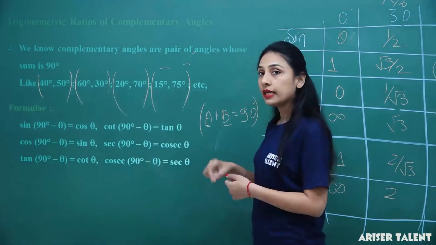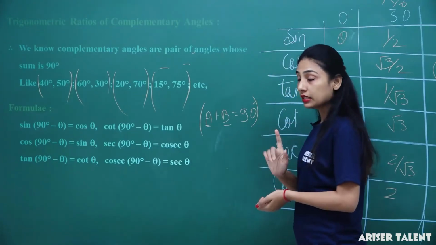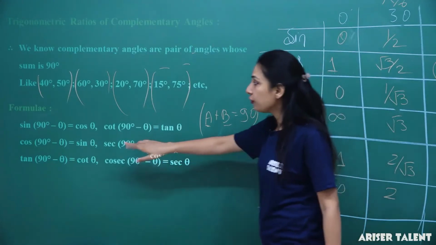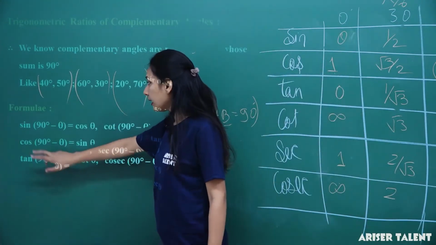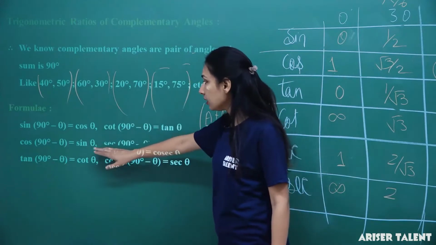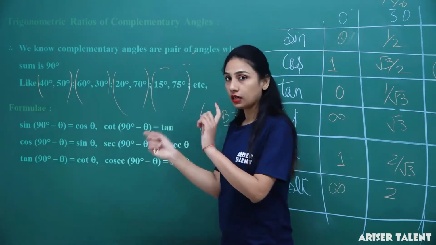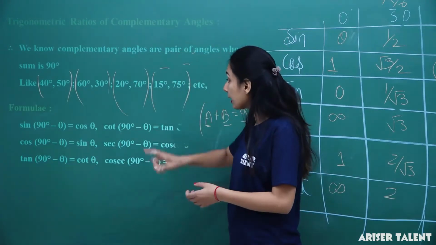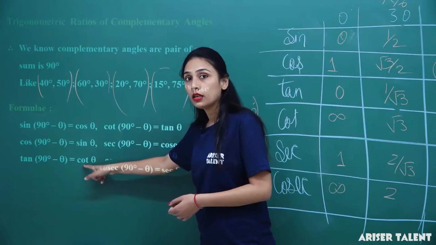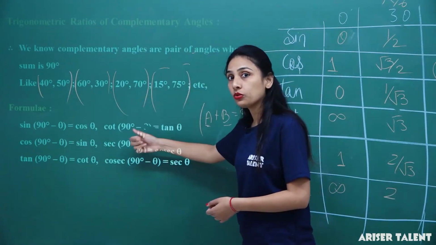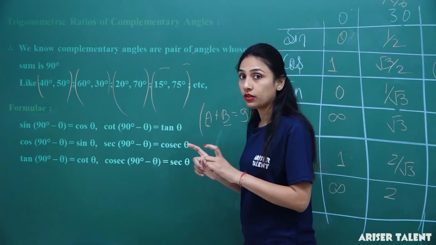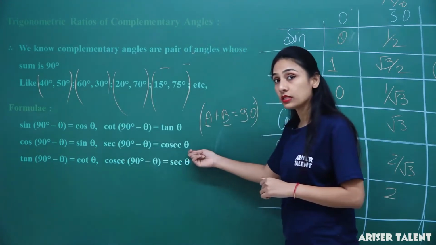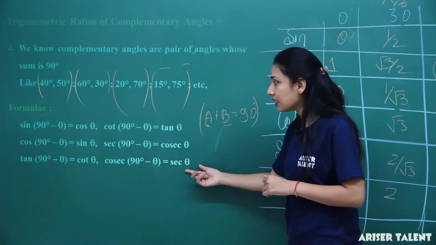Now the formulas: sin(90 minus theta) is cos theta, cos(90 minus theta) is sin theta, they interchange. In the case of tan, tan(90 minus theta) is cot theta, and cot(90 minus theta) is tan theta. Similarly, sec(90 minus theta) is cosec theta, and cosec(90 minus theta) is sec theta.